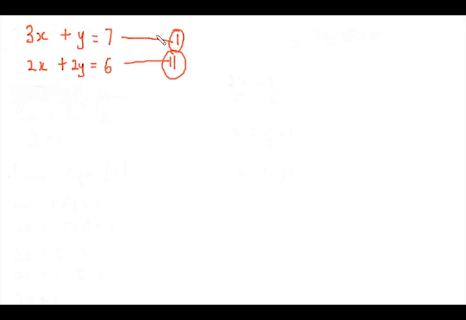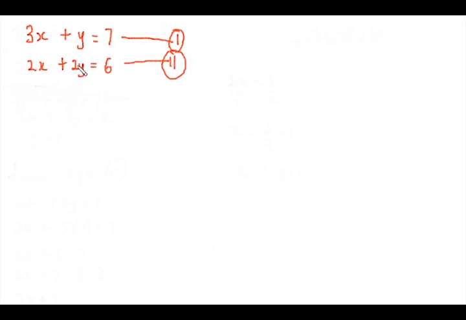So what do I do? First of all, I'll have to decide which one I want to eliminate. Do I want to eliminate the x or the y variable? I'm picking the y variable in this case. If I want to eliminate the y variable, I'd have to make the constants of the y variable equal in both equations.